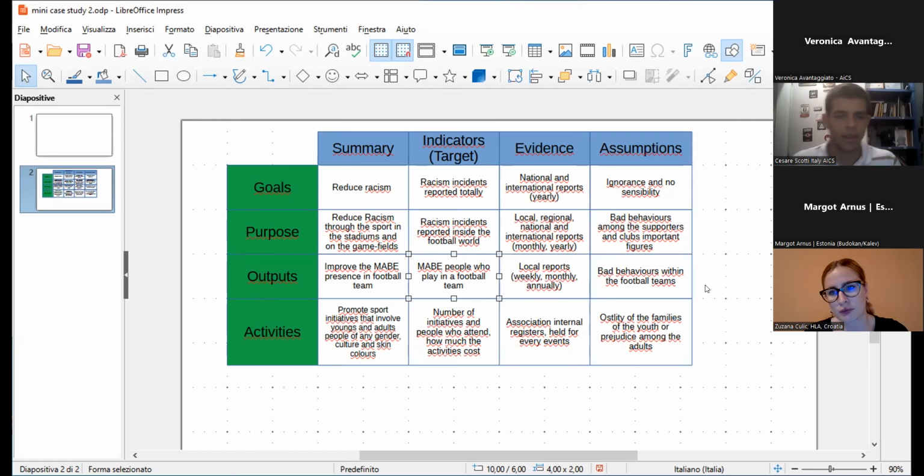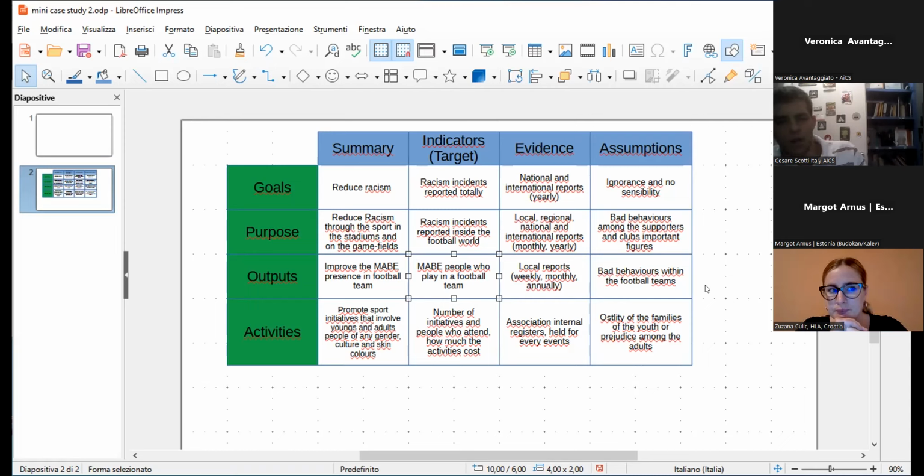And so this is it. And last, I put the assumption, which is the second step, because the lessons say that first of all you have to do the summary and then the assumption, and at the end the indicators and evidence.